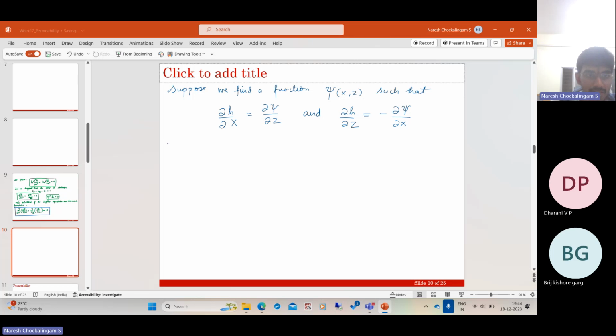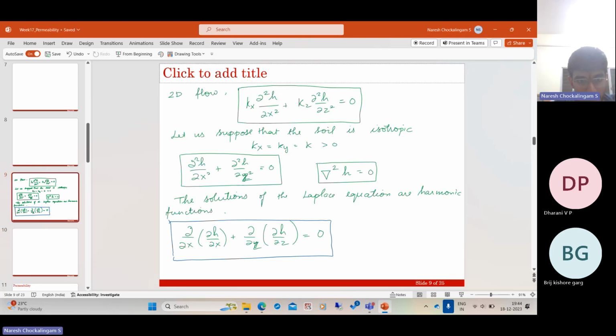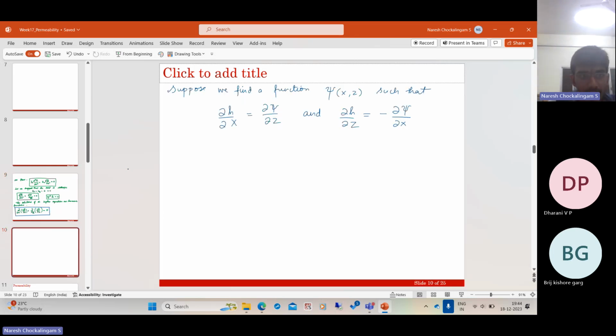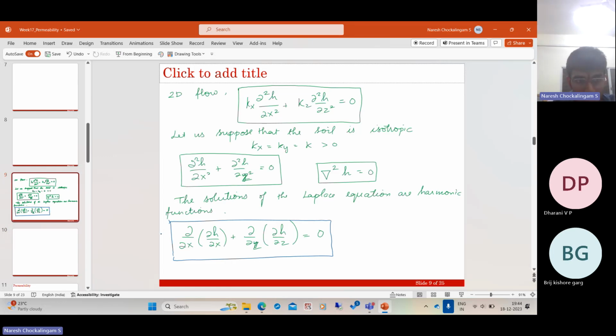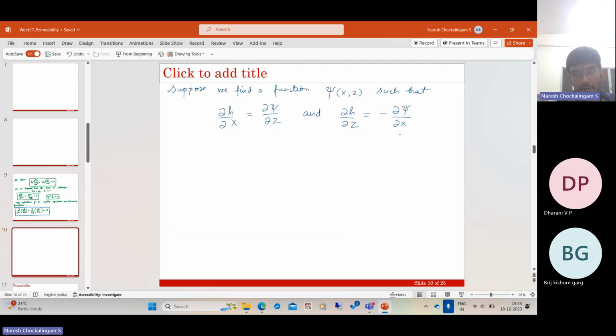Now, if you substitute this into this equation, dou h by dou x is dou psi by dou z, and dou h by dou z is minus dou psi by dou x. If we are able to find such a function, then del square h equal to 0 is automatically satisfied.